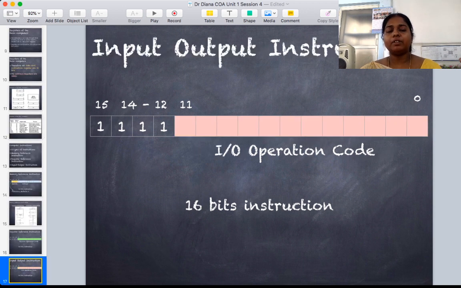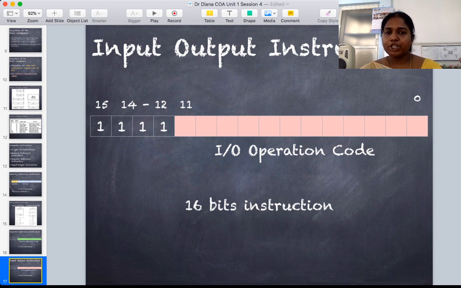And then we have the input output instruction. In the input output instruction, the first 4 bits are all fixed as 1, which means the MSB 15 along with bits 14 to 12 are all fixed to 1. So the first 4 bits are always going to be 1 1 1 1 for any input output instruction.